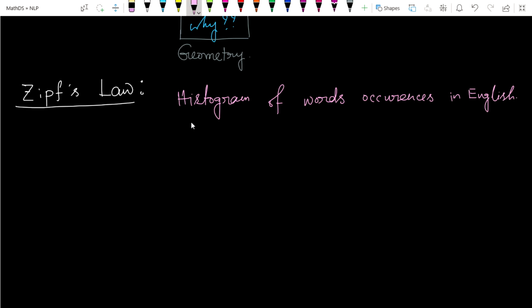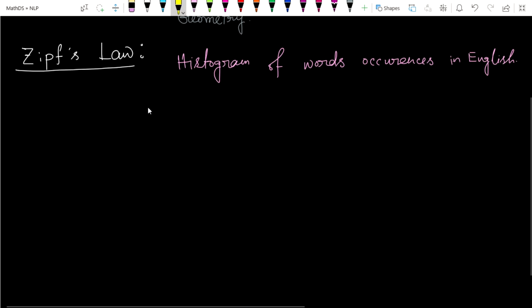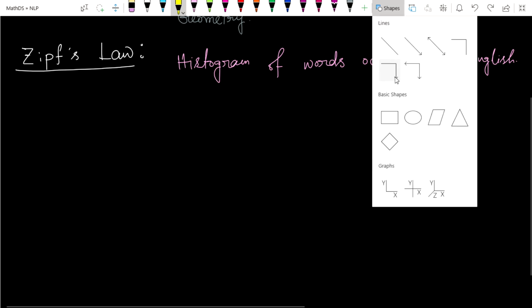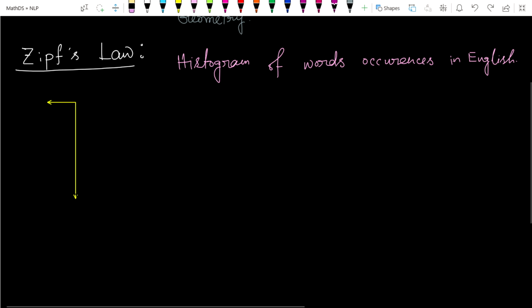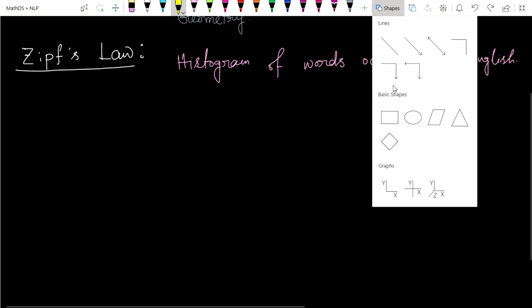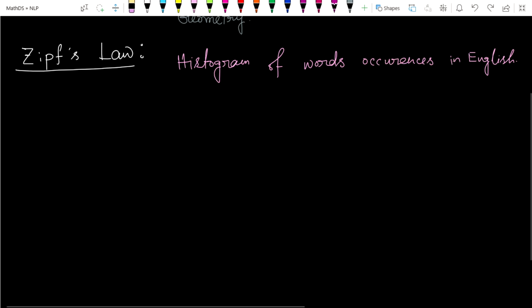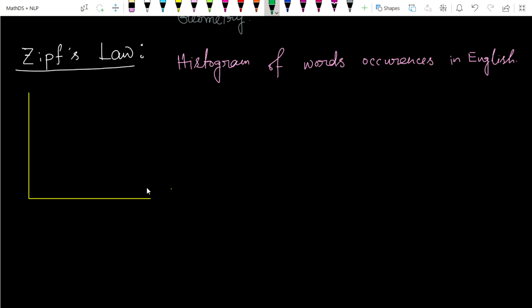then the plot will look like this type of plot. On the x-axis we have the words, meaning wi, and on the y-axis we use the frequency of each word.